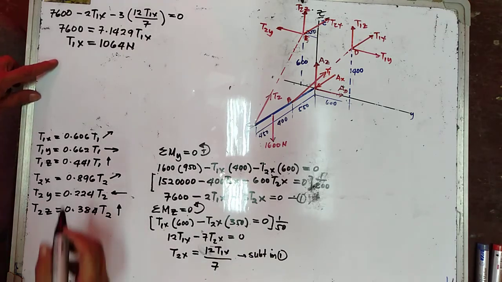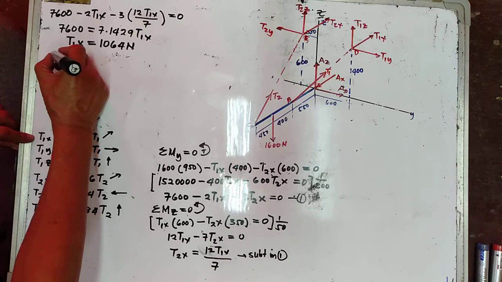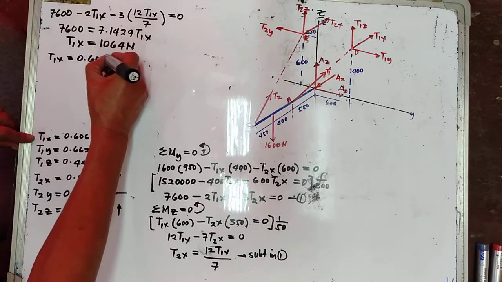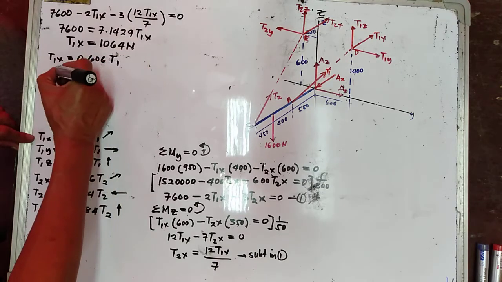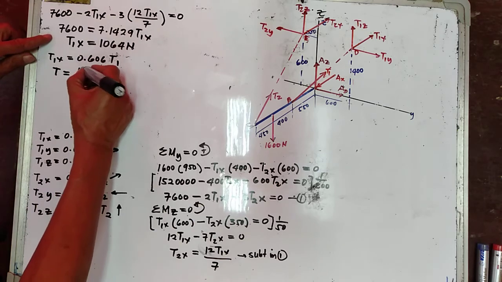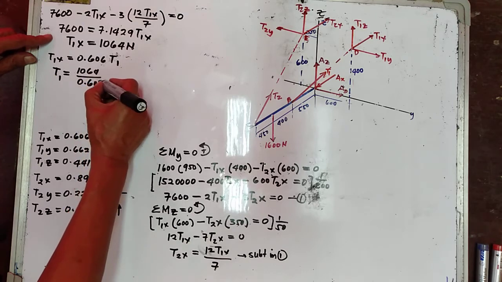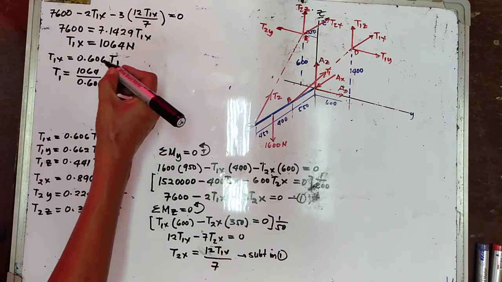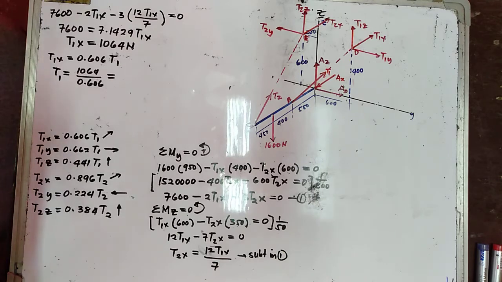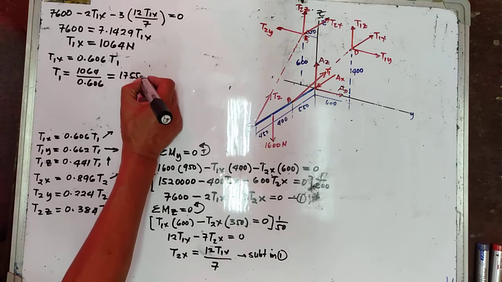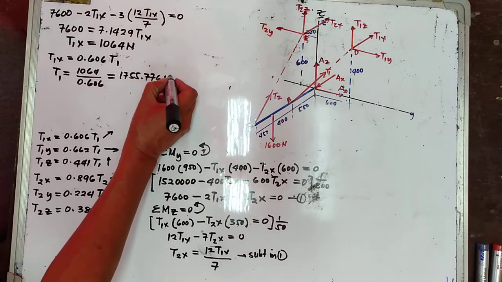Hence, your T1X is equal to 0.606 T1. So your T1 is equal to 1064 all over 0.606, and this is equal to 1755.776 Newton.